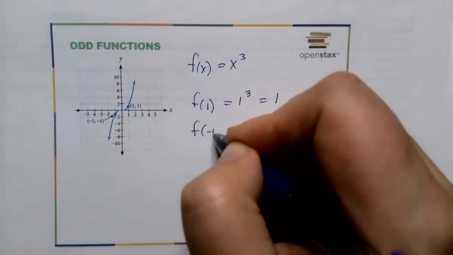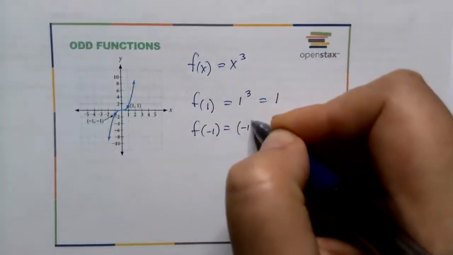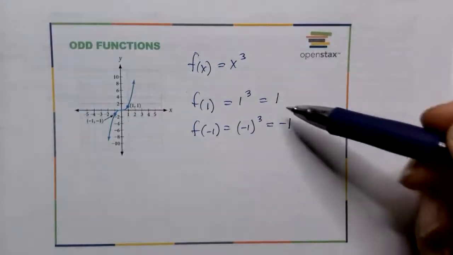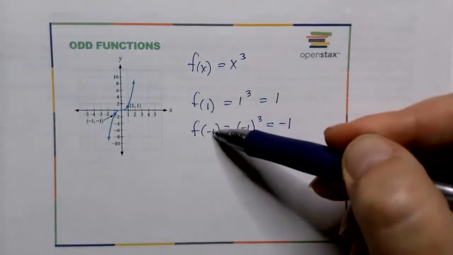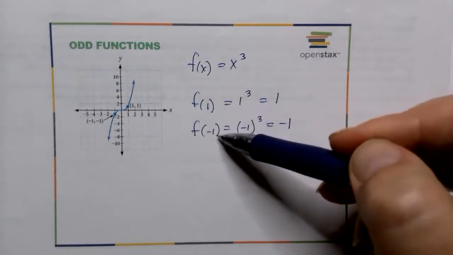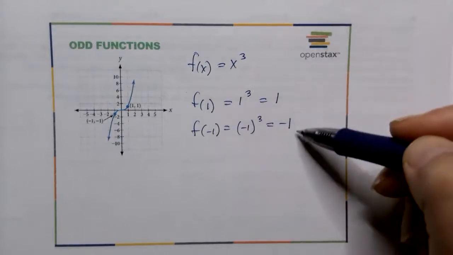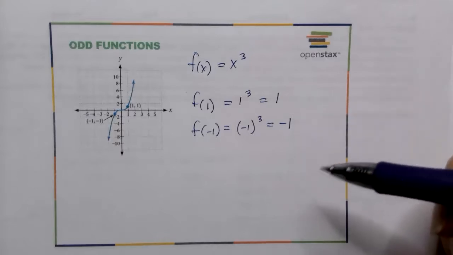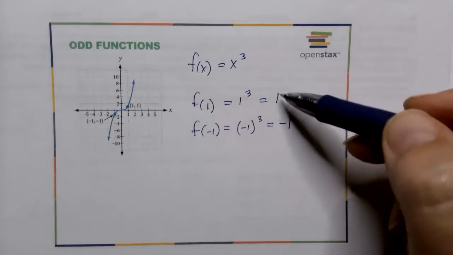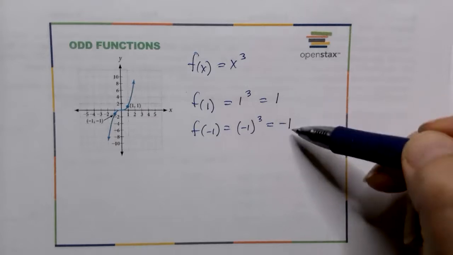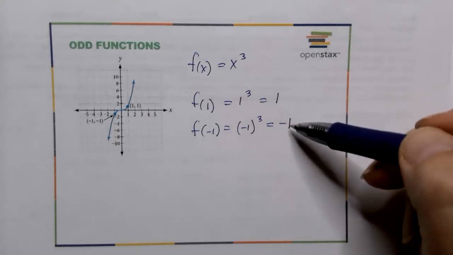If you input a negative 1, the function cubes it and you get a negative 1. So the inputs are opposites of each other, positive and negative, and the outputs are also opposites of each other. They're not the same, like in the case of the even functions. In the case of the odd functions, they're going to be opposite of each other, meaning one positive, one negative.